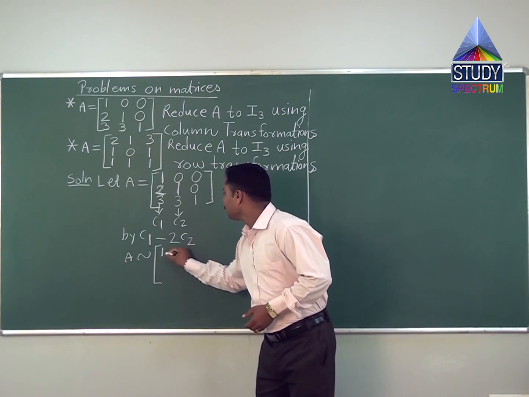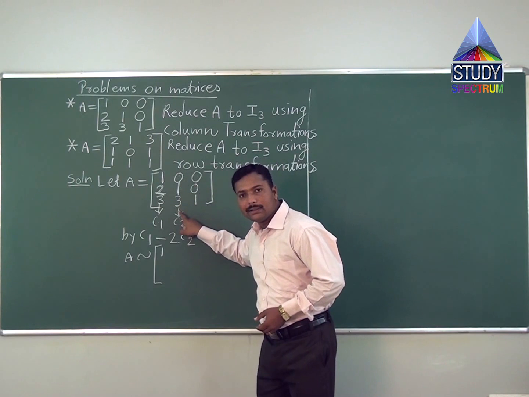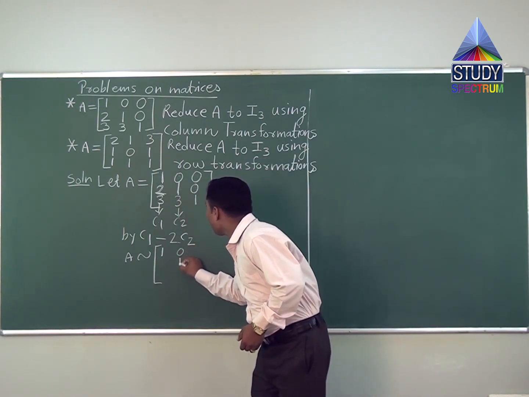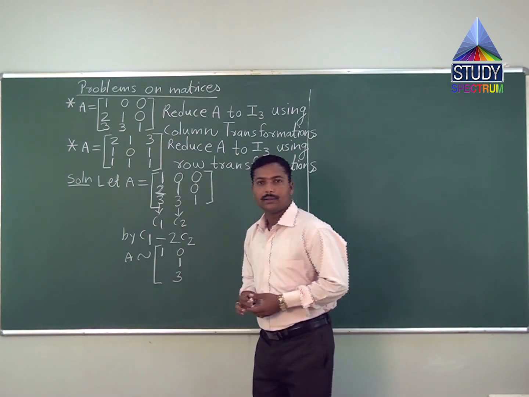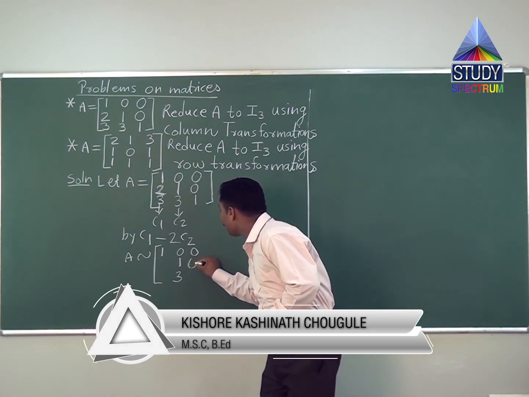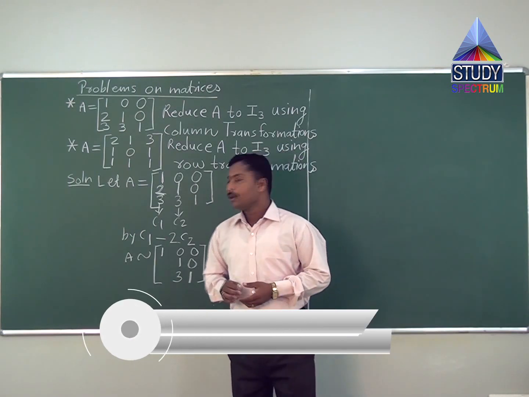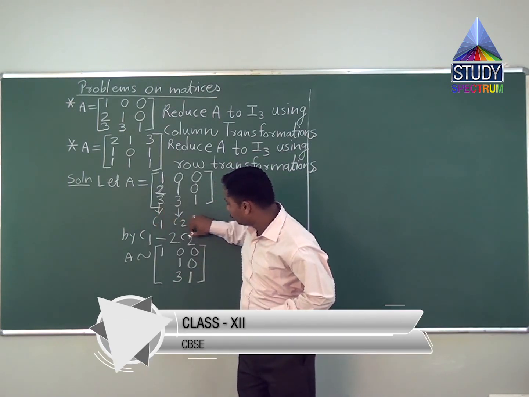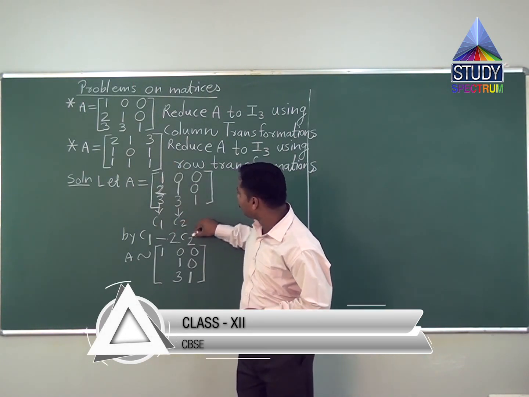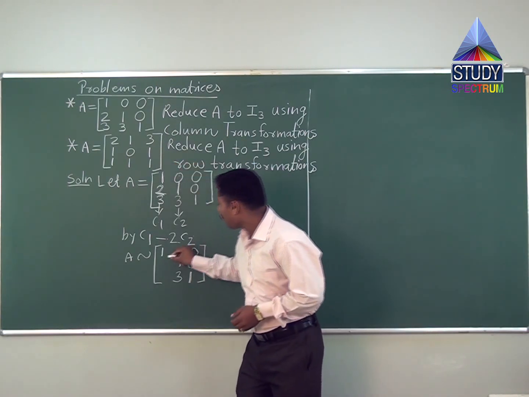So A is equivalent to 1 and so on. The second column is as it is, the third column also as it is. So 0 1 3, 0 0 and last 1. Here C1 minus 2 C2: C1 is 1 minus 2 times 0, 1 minus 0, 1.